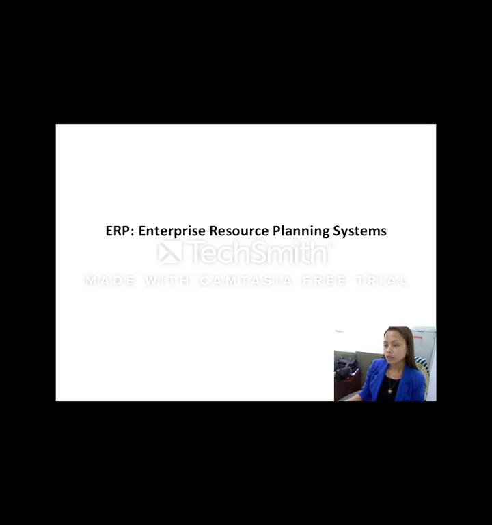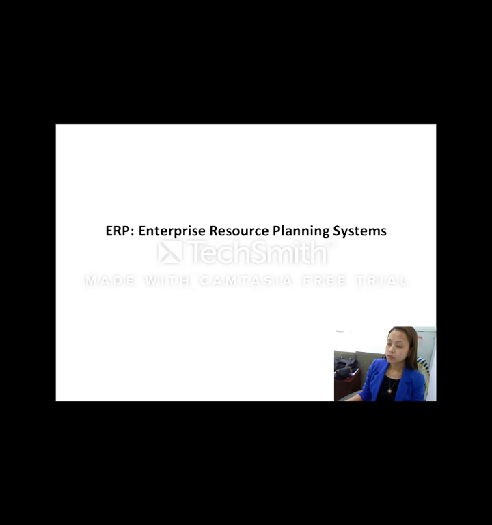Enterprise Resource Planning, or ERP, is the integrated management of core business processes, often in real time and mediated by software and technology. ERP is usually referred to as a category of business management software, typically an integrated application that an organization can use to collect, store, manage, and interpret data from these many business activities.